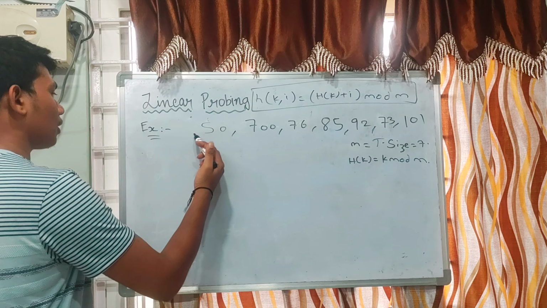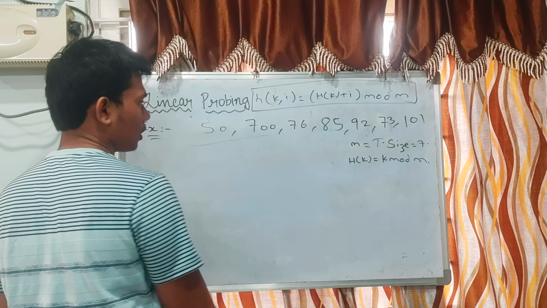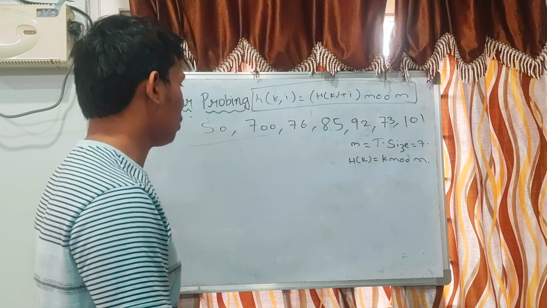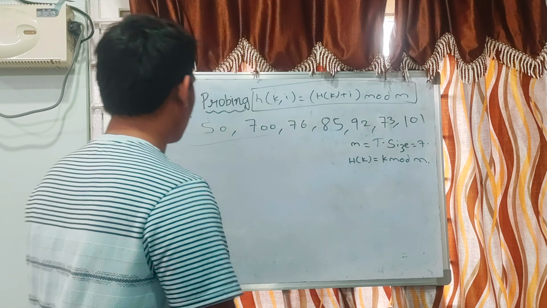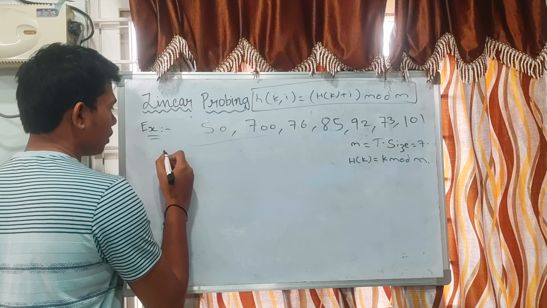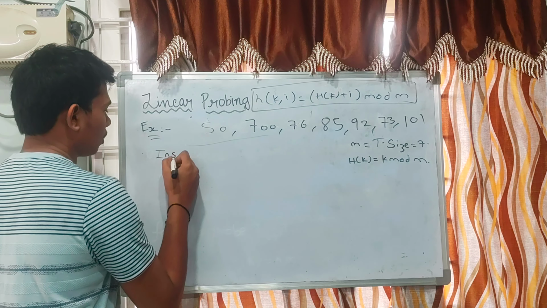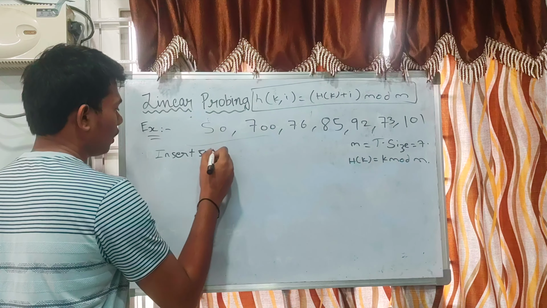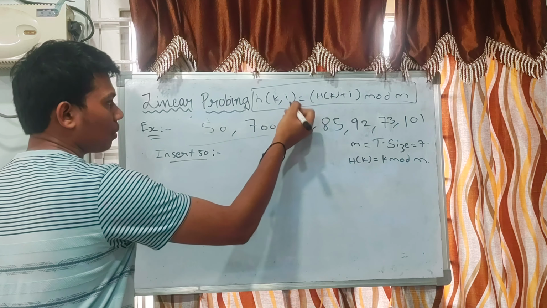Let us insert all these elements into the hash table and see what we should do if we get a collision. First we have to start with the probe number 0. Insert 50, starting with probe number 0.